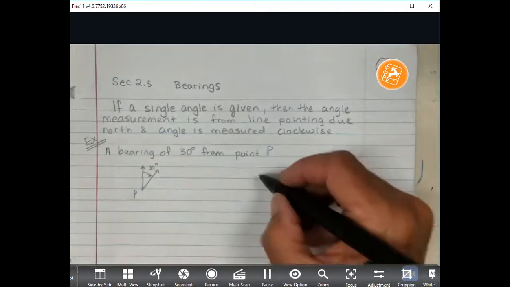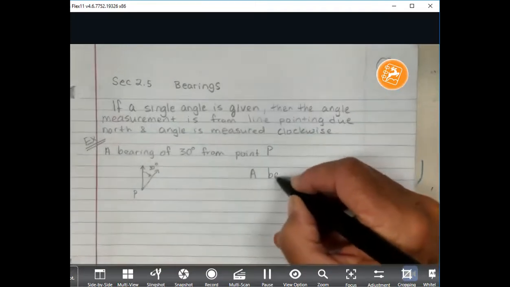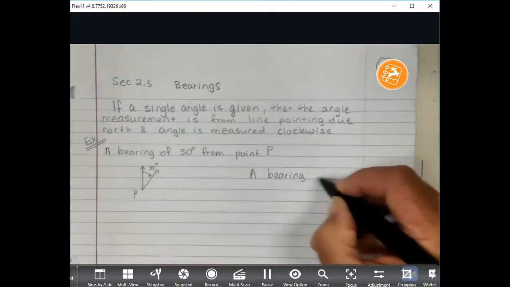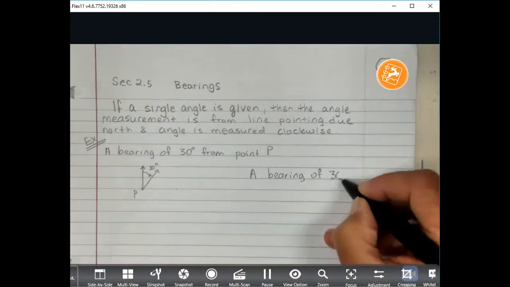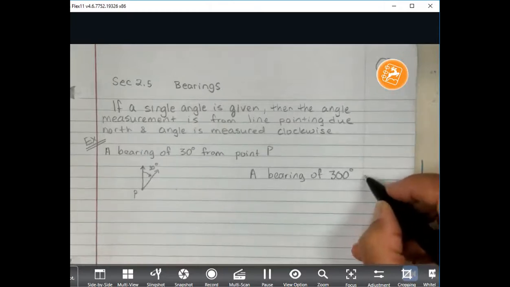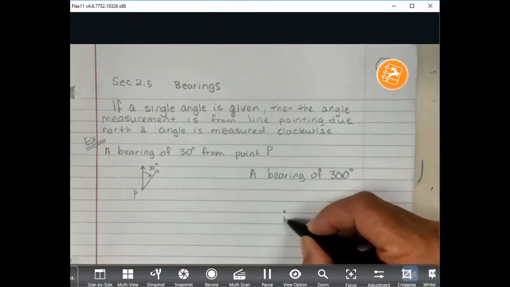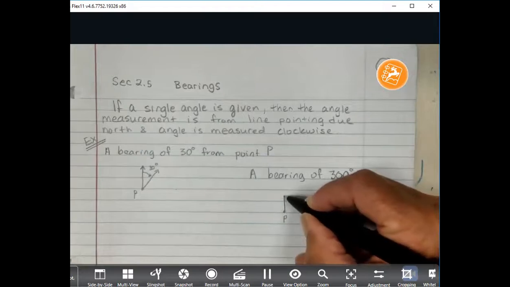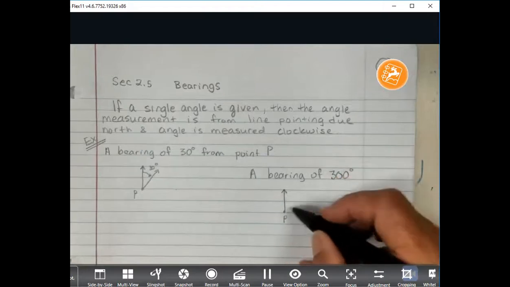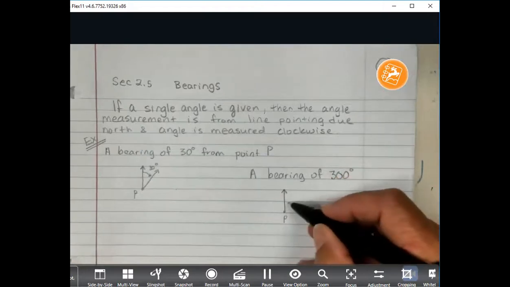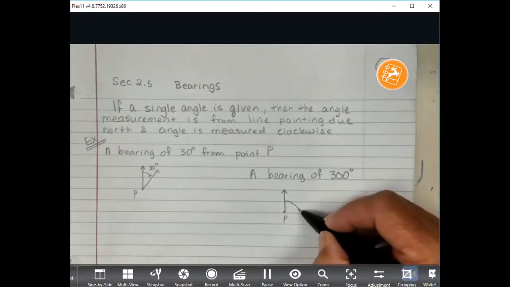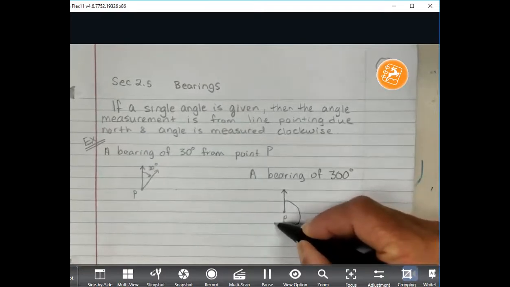Where a bearing of 300 degrees looks like this. From point P, our due north line. If I go from point P all the way back to point P, that's 360 degrees. So I measure from point P, not quite all the way back, right?